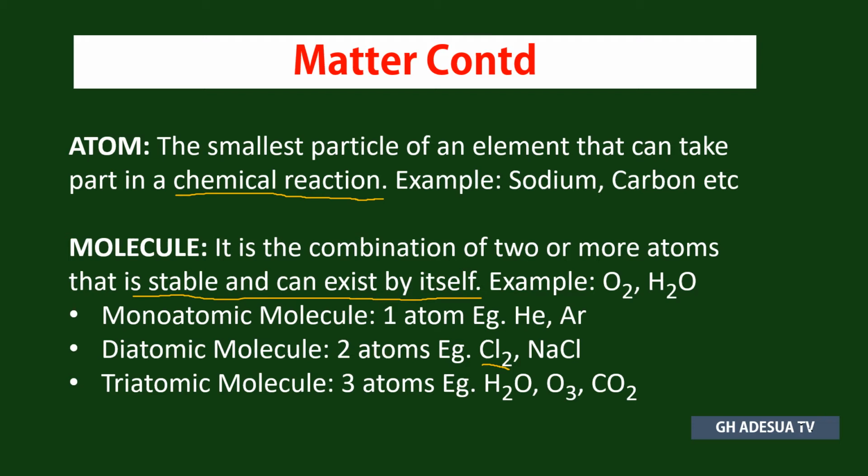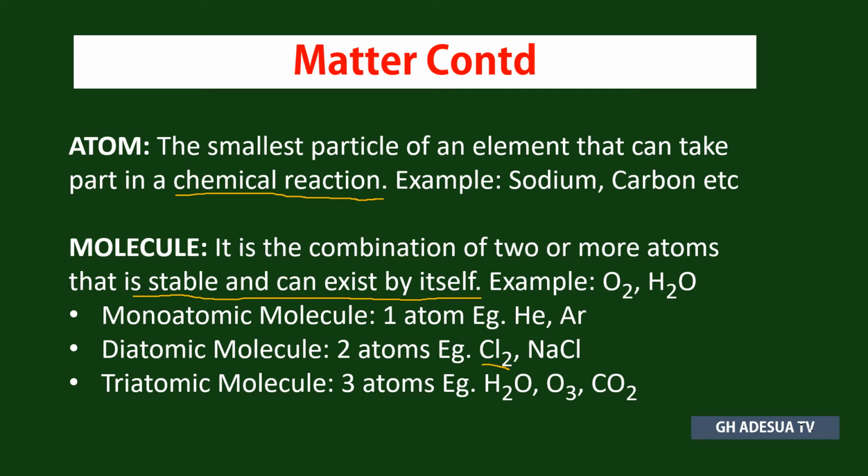When two have come together, we call it a diatomic molecule. In the same way, sodium chloride, common salt, is made up of sodium and chlorine coming together. Independently, they are atoms, but when they come together, they form a molecule. So two atoms coming together, diatomic molecule.